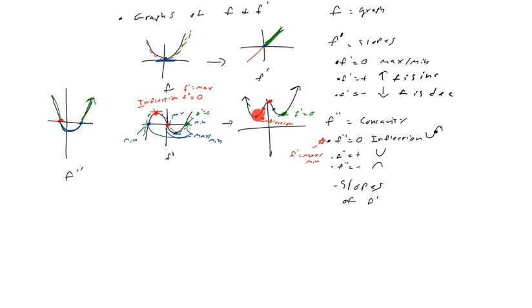You see the graph is increasing in this section. Because my F prime is positive, the graph is going up. My F is going up. And in this section between the red and the green, my F prime is negative. Between the red and the green, my graph is decreasing. And then after the green, it's positive. After the green, I'm increasing. So it tells you where I'm increasing, decreasing.